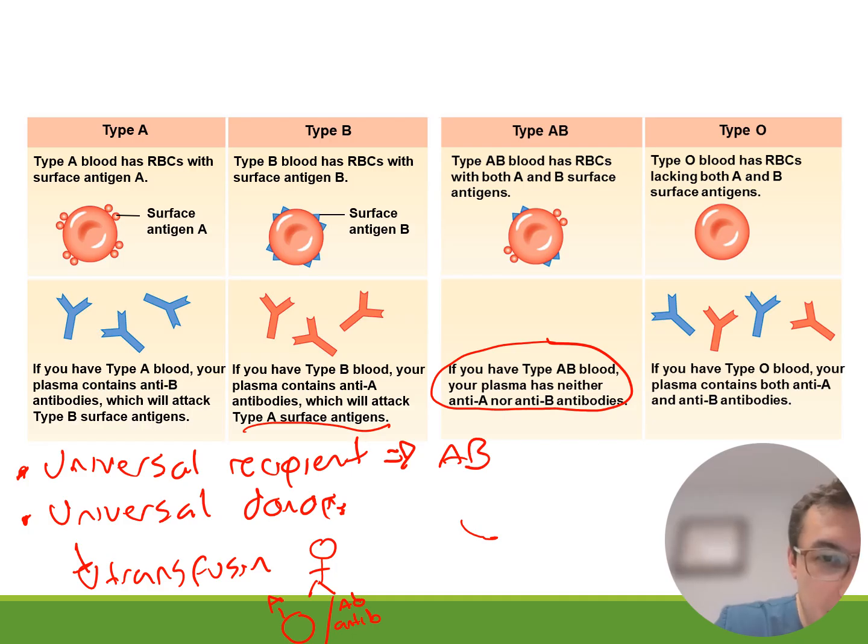Now we have another person that was in a car accident and needs blood. This person has blood type AB. So he doesn't have any antibodies. Antibodies, none. So he will be able to receive type A.